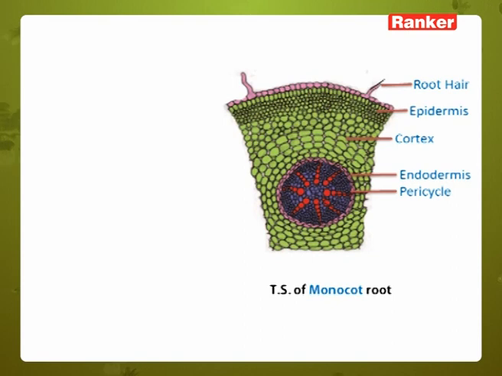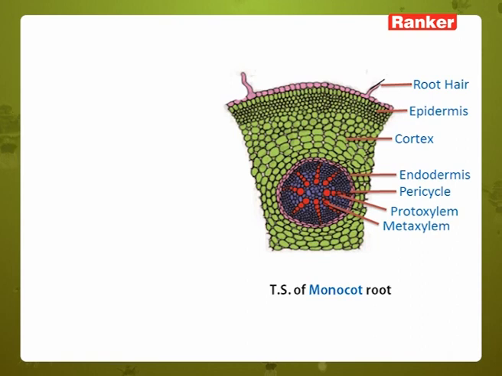Next, when we come to the vascular tissue system, what do we have? As you can see in the diagram, you have red colored xylem strips with alternating phloem strips. So the vascular tissue system is composed of alternating strands of xylem and phloem.